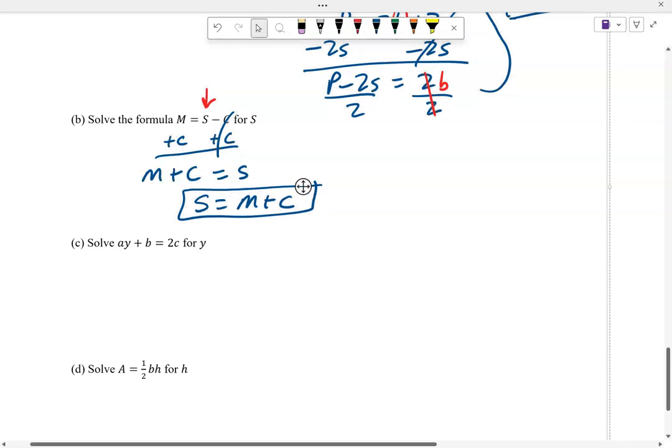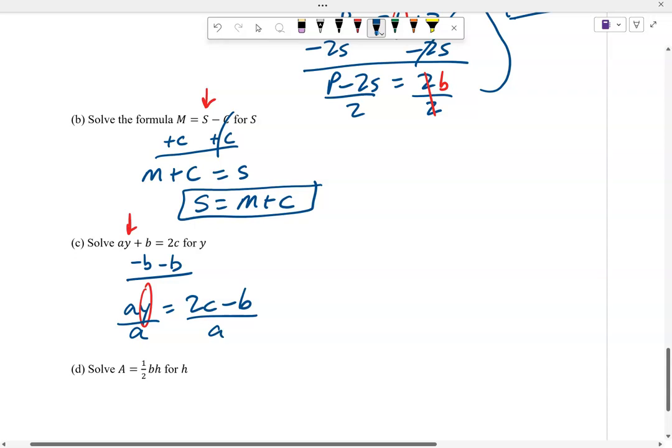So what I'm going to do is get rid of the b. Let me subtract b on both sides first. So I got ay equals 2c minus b. Again, we're solving for y. So let's get rid of the a, divide it out, because it's being multiplied right now. So we've got y equals 2c minus b all over a.